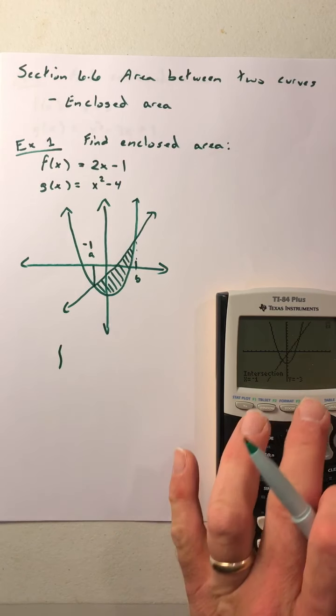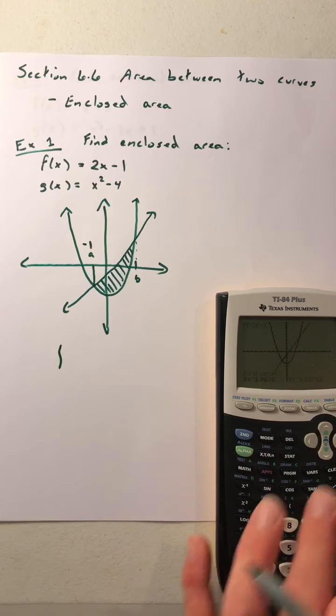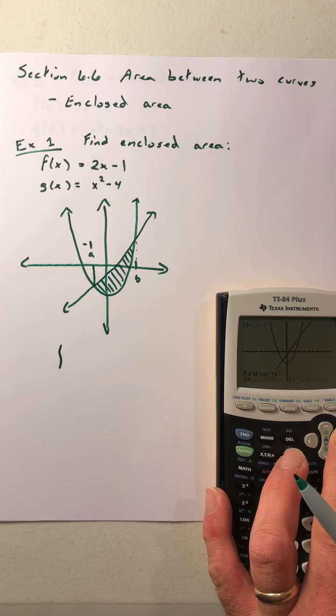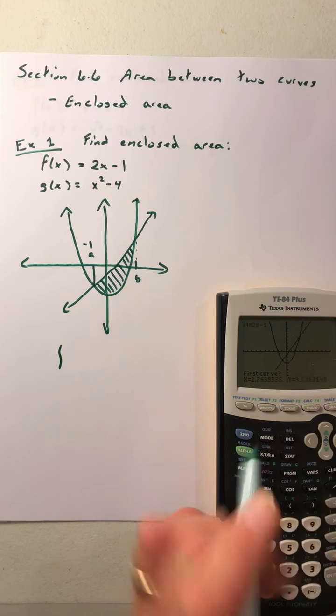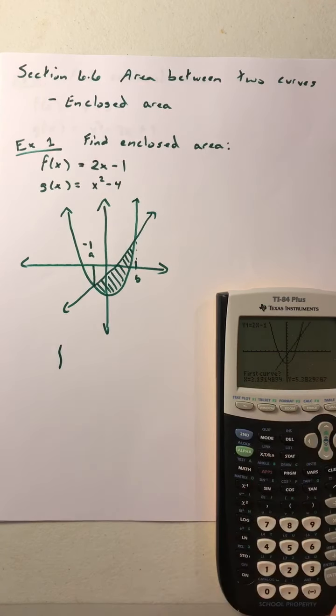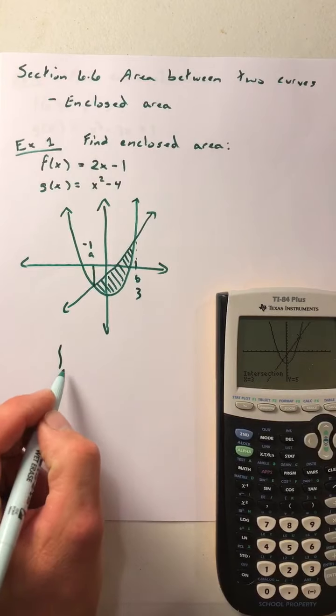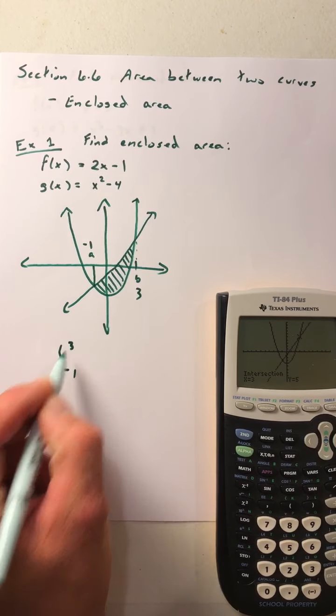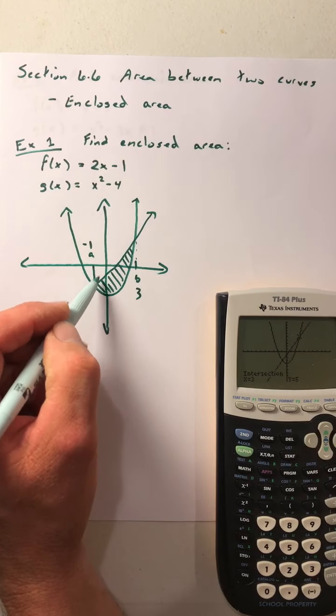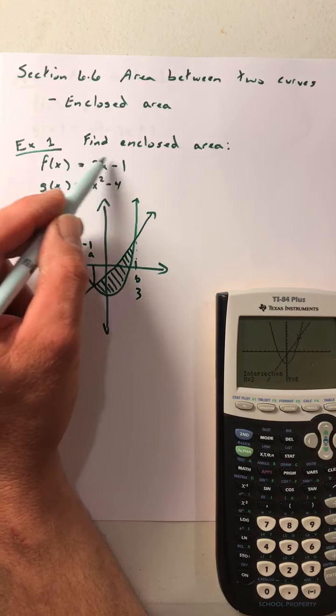We're going to do this again. We calc number 5, but now we move that cursor up so it's close to this point of intersection. Again, we hit enter 3 times, and we get the x value of 3.